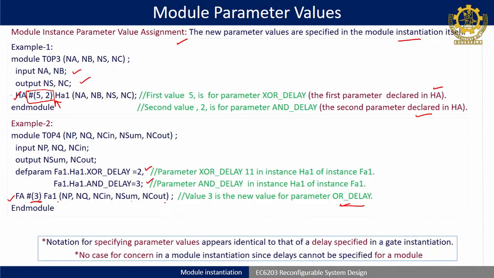So there is no medium of specifying module delays during instantiation. So do not be confused. Remember in module instantiation, after hash whatever you are putting is only for overriding of parameters, not delay, unlike gate level or data flow modeling, in which case it is a delay.